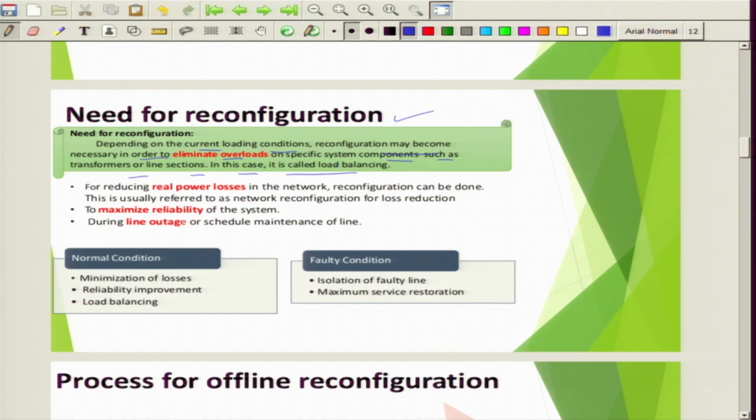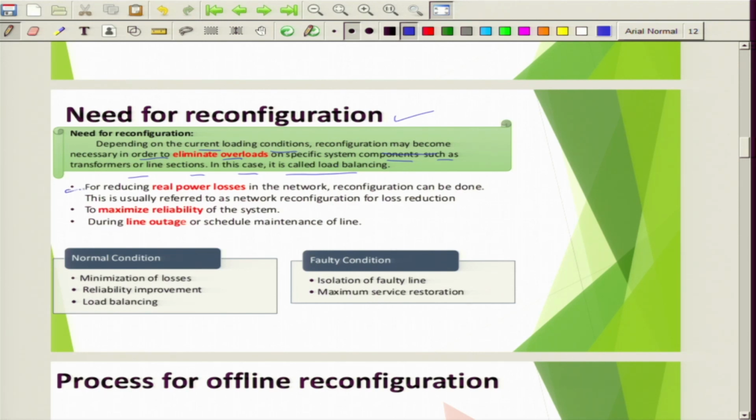So basically, if a specific feeder is getting overloaded for any reason, and the transformers may also get overloaded, you can change the configuration of the network, maybe tie lines may be switched, maybe added. In that case, you try to reduce the burden upon a specific portion of the network, and improve the efficacy as well as the lifespan of the system.